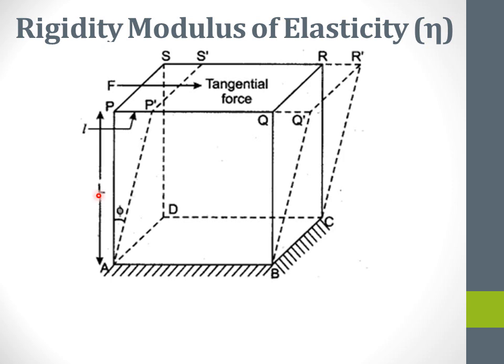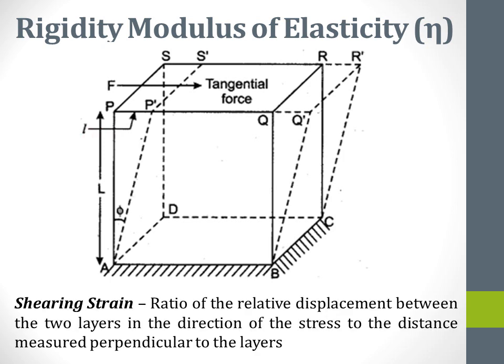If L is the length of the edge on which the tangential force is applied, there is a relative displacement small l of this edge. We now define what is called the shearing strain.